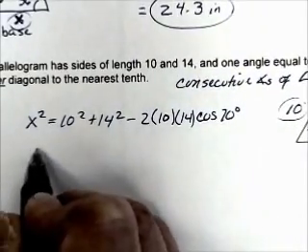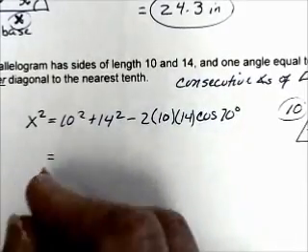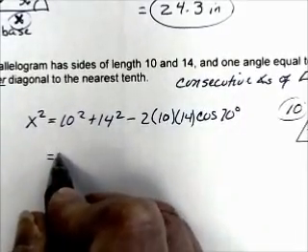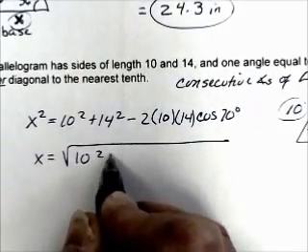And hopefully you should be saying this along with me, or kind of whispering it under your breath. So x is equal to the square root of this whole thing.